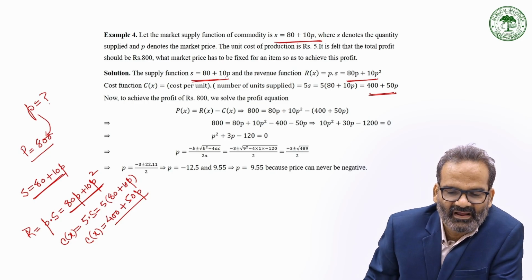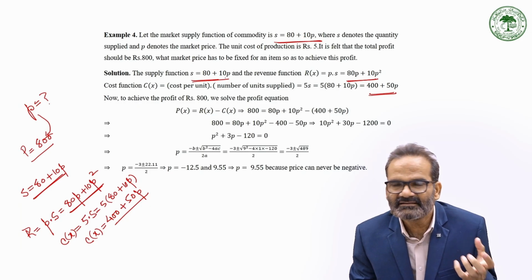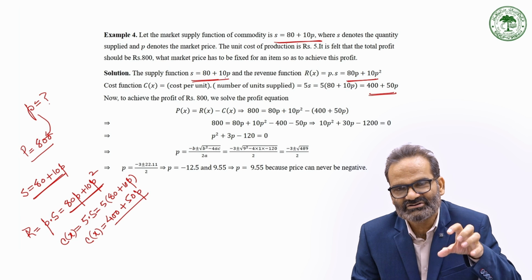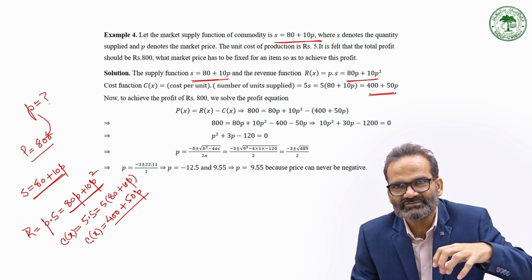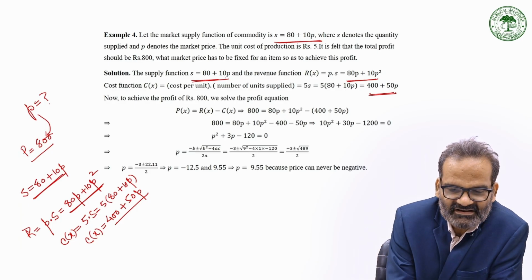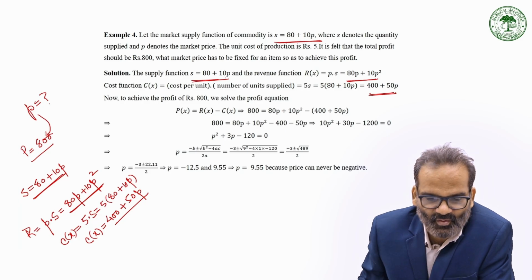Now, what we have to calculate: the profit of the firm is given. We are interested to determine how much price for the commodity should be fixed so that the profit of the firm should be rupees 800. To achieve the profit of rupees 800, we solve the profit function.